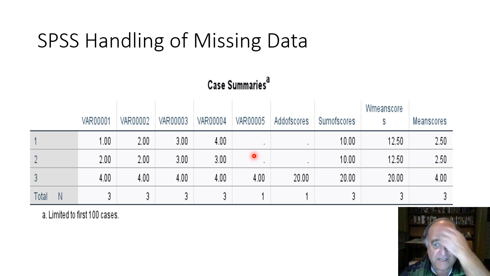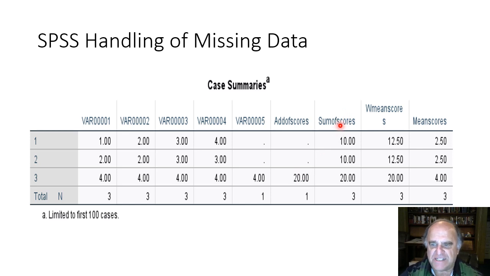Now what we can see is 2 different ways that SPSS treats scores. Here we've just simply added up the scores. When we do a compute and we simply add the scores in SPSS, by add scores I mean we use a plus sign, it won't compute a score for subject 1 or 2, but it does correctly compute the 20 for subject 3.